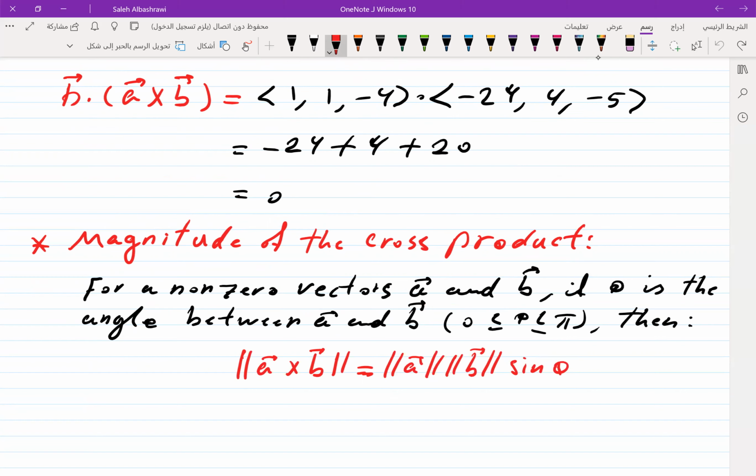This is the magnitude of the cross product: the magnitude of A cross B equals the magnitude of A times the magnitude of B multiplied by sine theta.